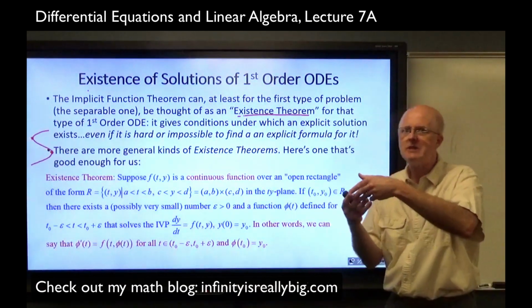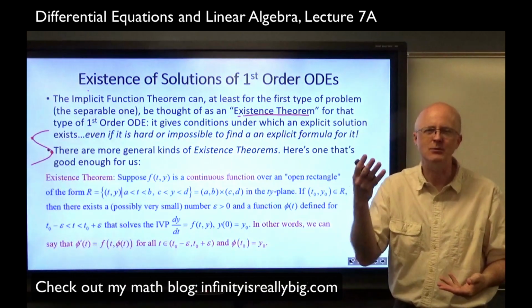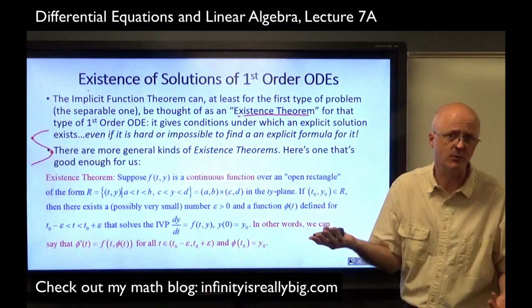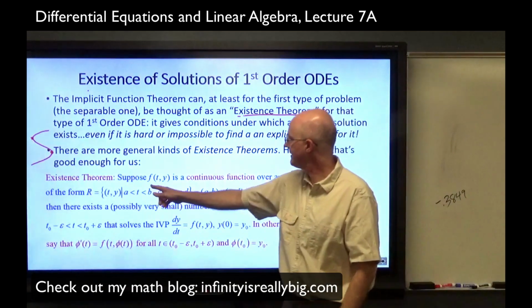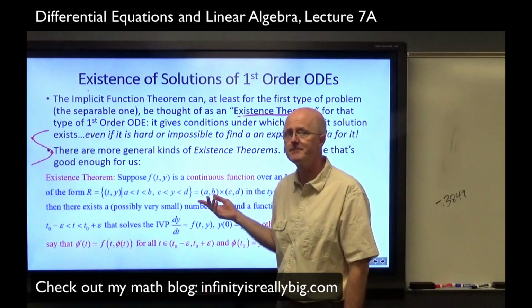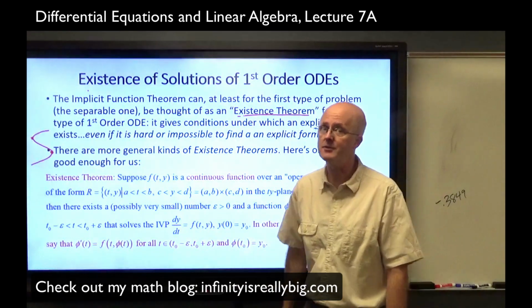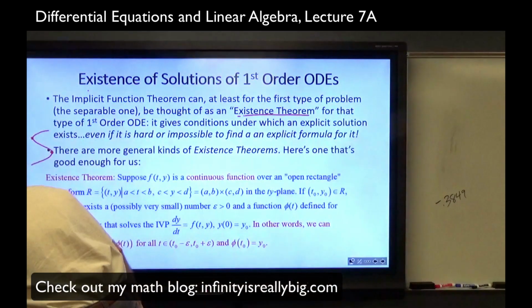They have things you need to assume and things that follow from those assumptions when you know those assumptions happen to be true for particular examples. Suppose little f of t comma y, a multivariable calculus function of two variables, a right-hand side function for the differential equation, is continuous.